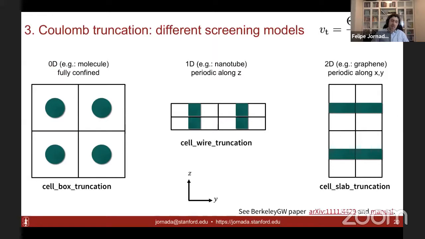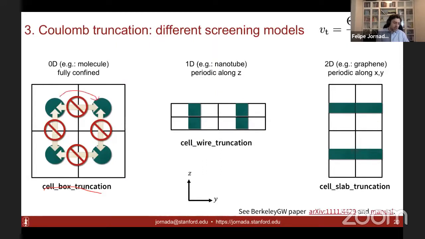But we actually have a scheme that allows you to truncate the Coulomb interaction if you have a zero-dimensional system. So basically, we cut off this sort of long-range spurious interaction between repeated unit cells with this cell box truncation. The same thing if you have a one-dimensional system, such as a nanotube, you also have a flag called cell wire truncation, which truncates this spurious interaction.